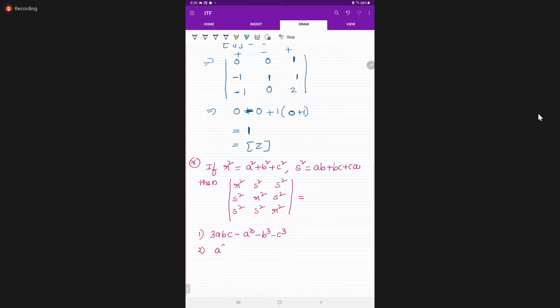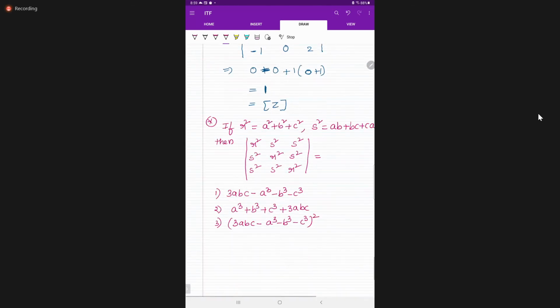Second option, a cube plus b cube plus c cube plus 3abc. Third option, (3abc minus a cube minus b cube minus c cube) whole square. Fourth option is 0.